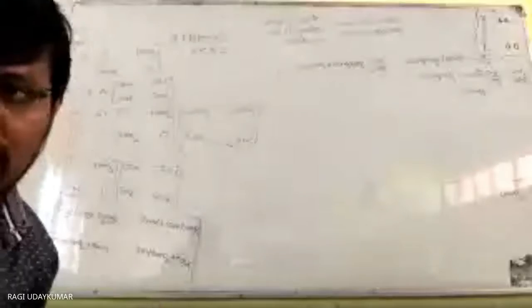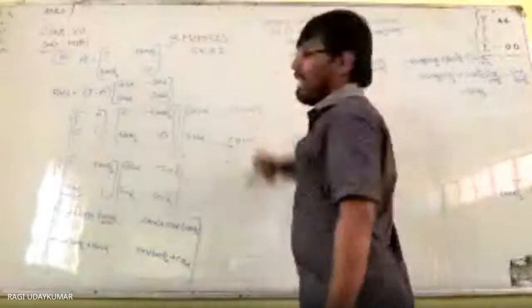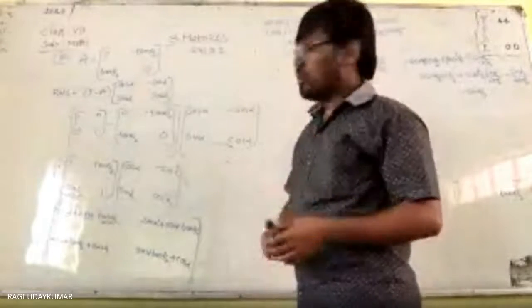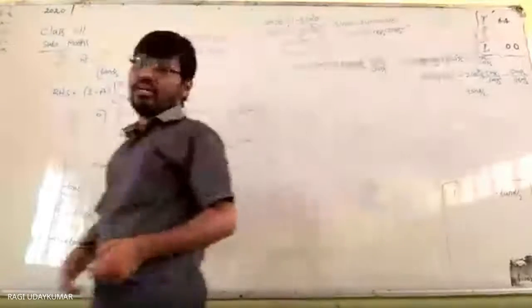For that, cos alpha should be taken in two formulas: 1 minus 2 sin square alpha by 2 or 2 cos square alpha by 2 minus 1. Cos alpha can be taken either 1 minus 2 sin square alpha by 2 or 2 cos square alpha by 2 minus 1. Two formulas are there here. These two में एक लेना है. So क्या लेना है? You have to, depending on the situation, you need to choose here.